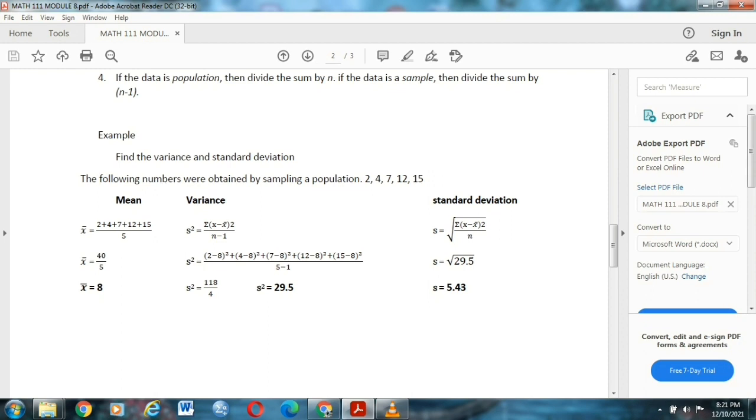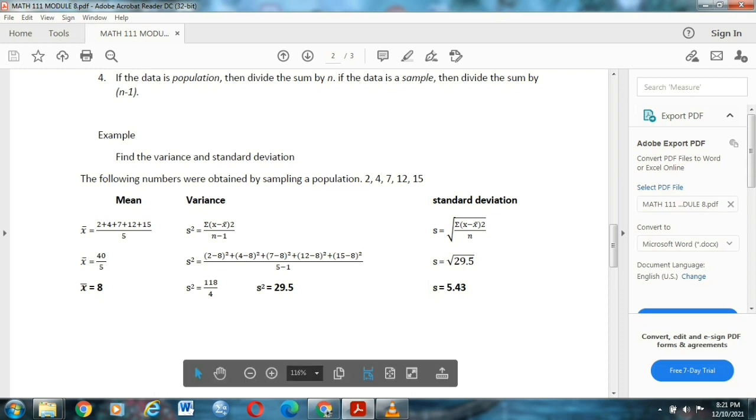So, para makuha naman ng standard deviation, simply, kung mapapansin natin yung sa variance, ilipat natin yung square doon sa kabila, maging radical dito sa right side. Ibig sabihin itong sagot na nakuha natin is squared lang natin.